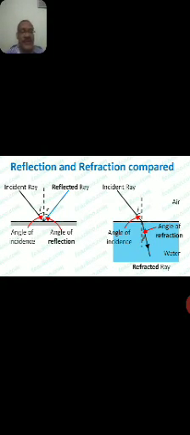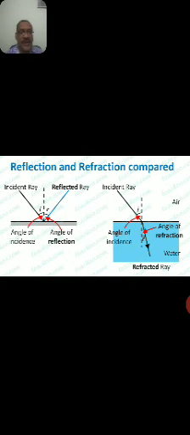In the second diagram, on the right side, the incident light ray falls from the air medium to the blue medium, which is water, as shown in the figure. In this diagram also, the vertical dotted line is called the normal.